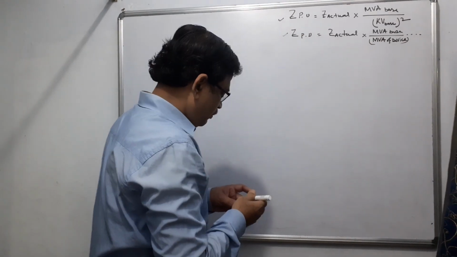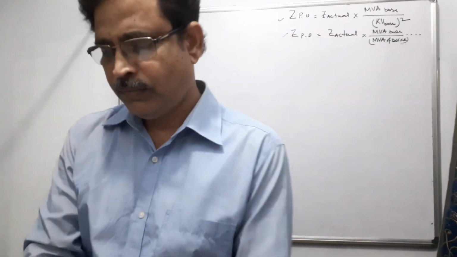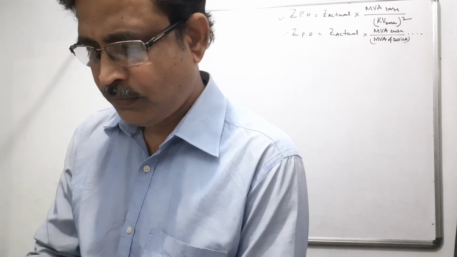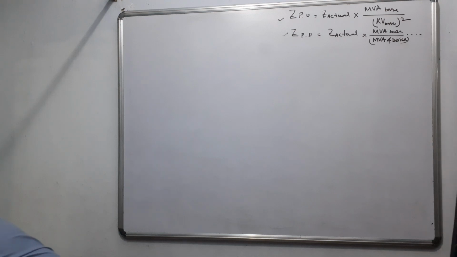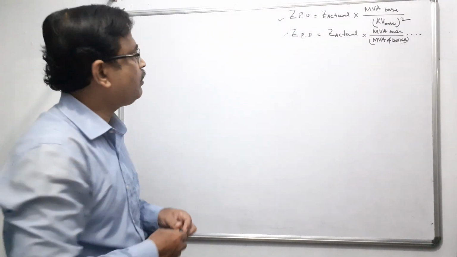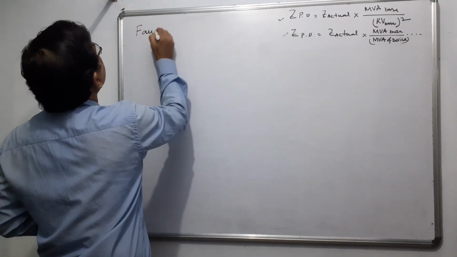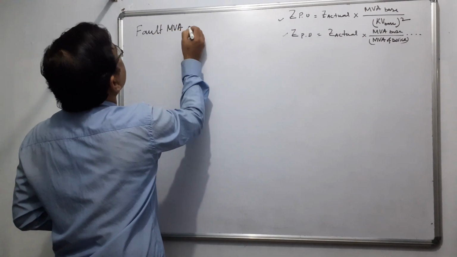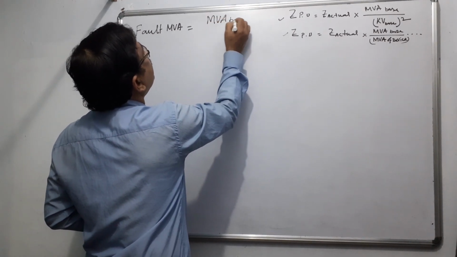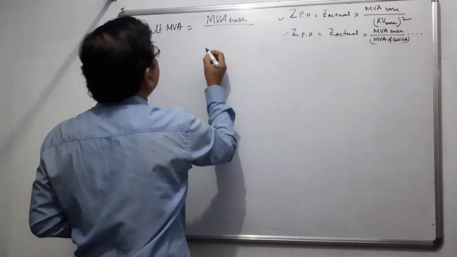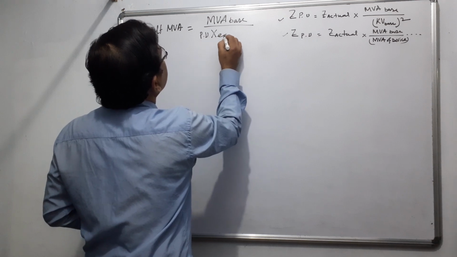Now take one problem. And one more thing, fault MVA equals MVA base divided by per unit X equivalent.